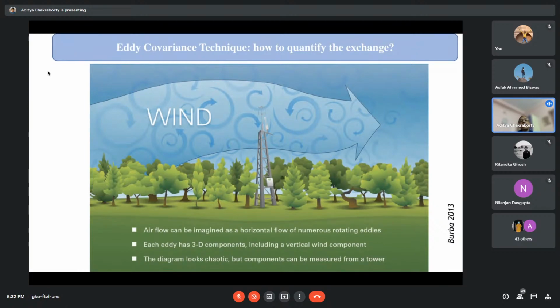They can vary from a few millimeters to about a kilometer or more. These eddies are responsible for the exchange of material, which here means carbon dioxide and water vapor, from the atmosphere to the biosphere.